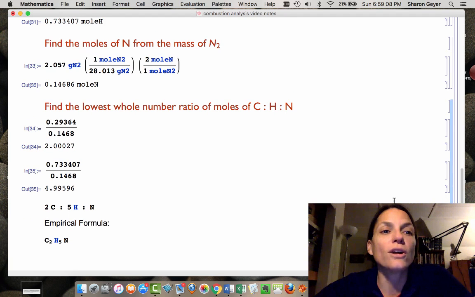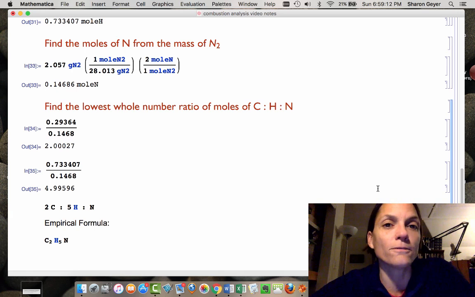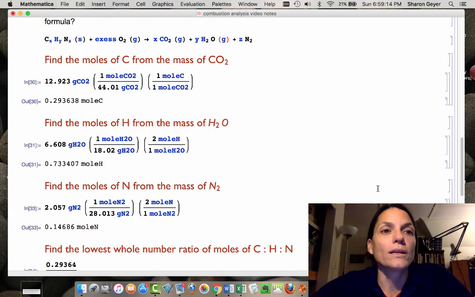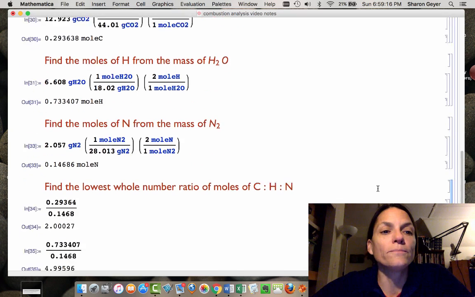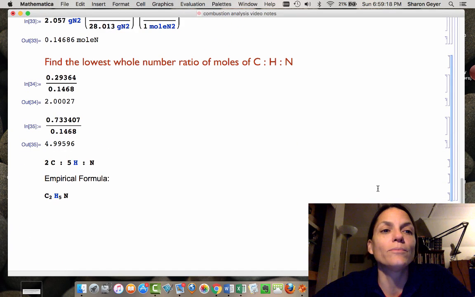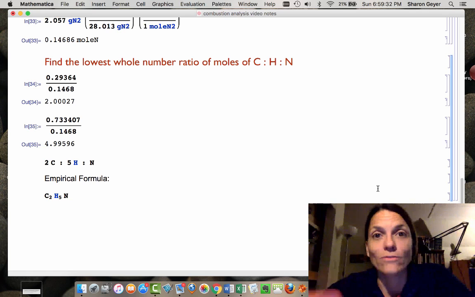I started off by taking the moles of carbon first, divided by the number of moles of nitrogen, and that gives us 2. Moles of hydrogen divided by moles of nitrogen gives us 4.99, which is 5. And nitrogen divided by itself is 1.